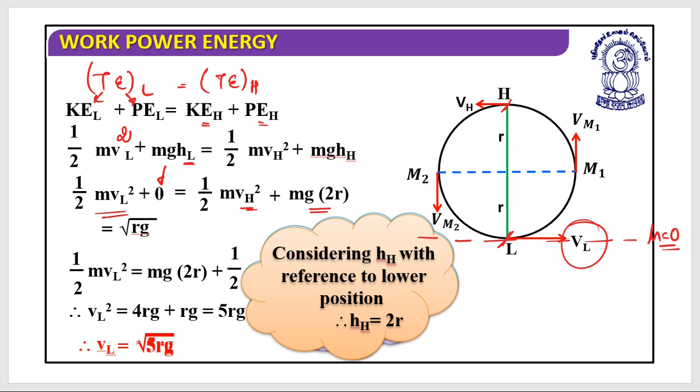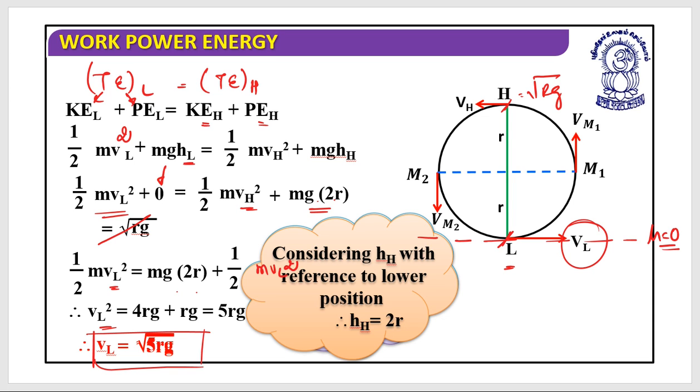So half mvL square is equal to mg into 2r plus half mvH square. If I put the value of vH square, because I know that vH should be equal to root of rg, and solve this, we get vL equal to root of 5rg.